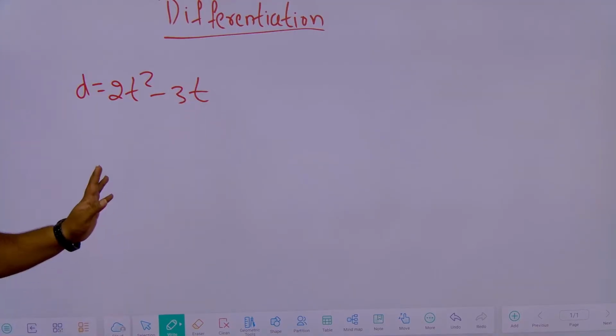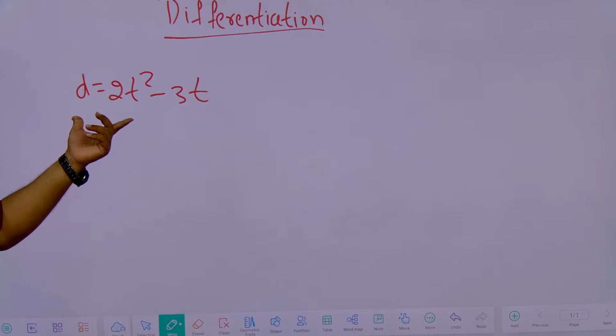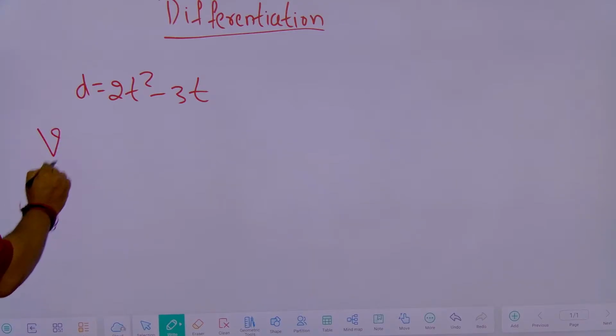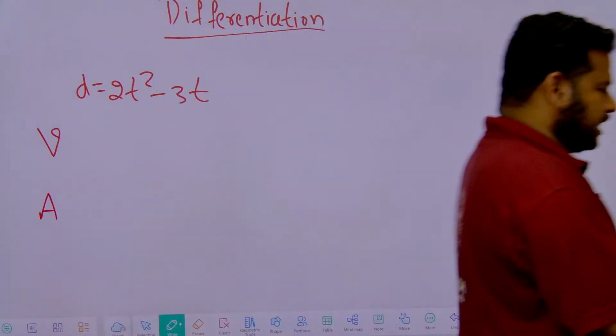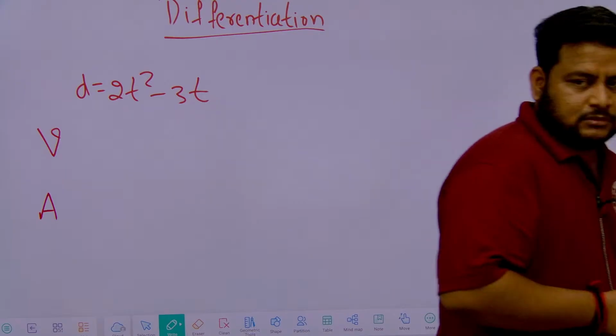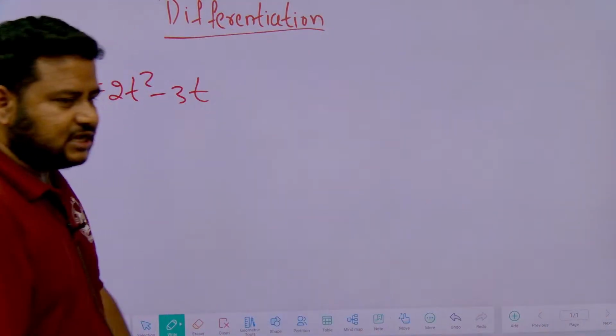This is the equation of distance in terms of time that they have given. Now they'll ask you velocity and then they'll ask you acceleration.